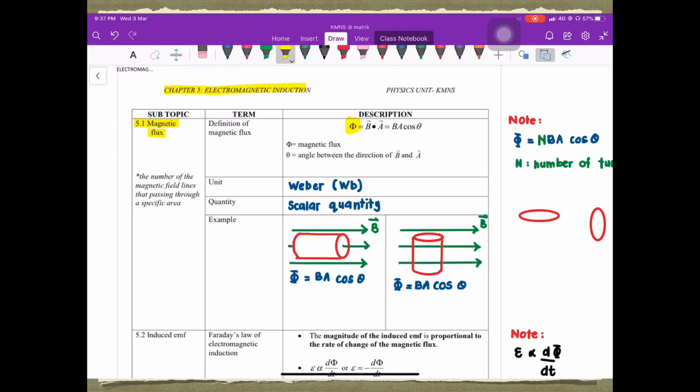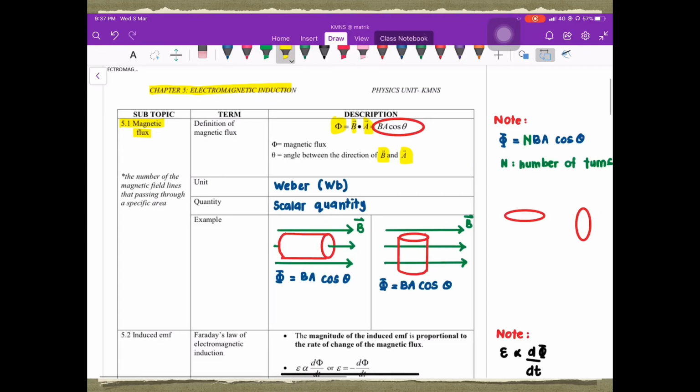This is the symbol of magnetic flux, which is equal to vector B dot vector A. So we can apply the equation as BA cos theta. Be careful here: the angle theta must be between the direction of vector B and vector area A.